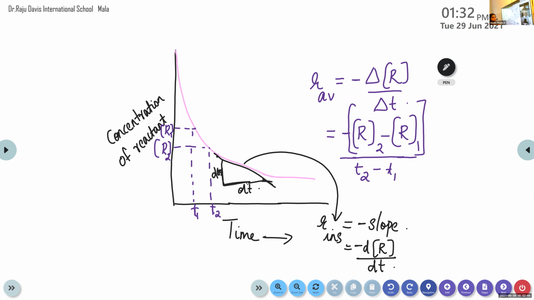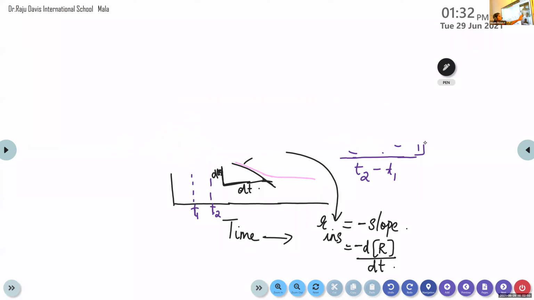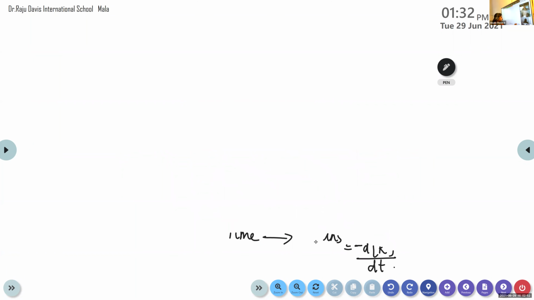Okay, then we can also draw the graph of products. We can also express the rate in terms of products. So we can again draw the graph of products also. There is only a small change between these two.